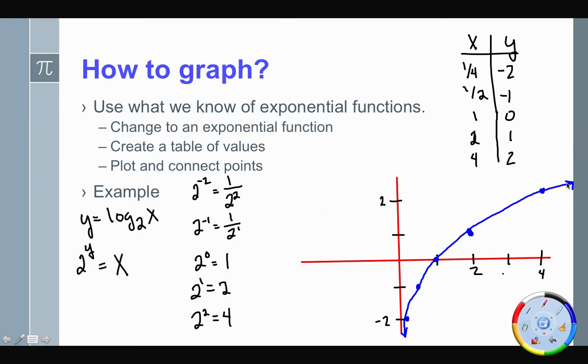It will not cross the y-axis for us, and it will just continue to increase as x increases. So that is the logarithmic equation or function. So once again, change it to an exponential, create a table, only in this case we're choosing y values. We're going to plug in values for y and solve for values of x.